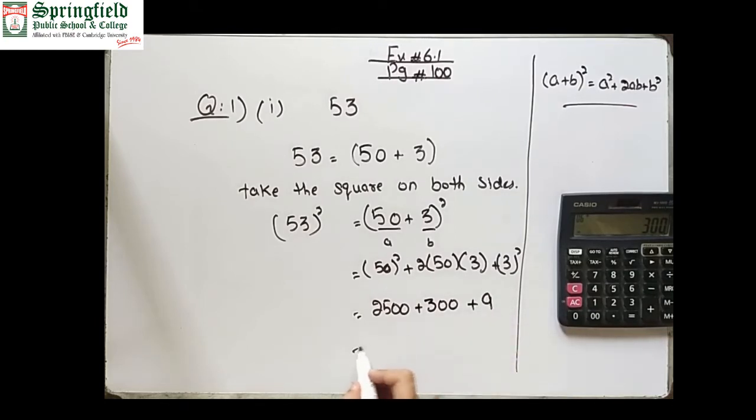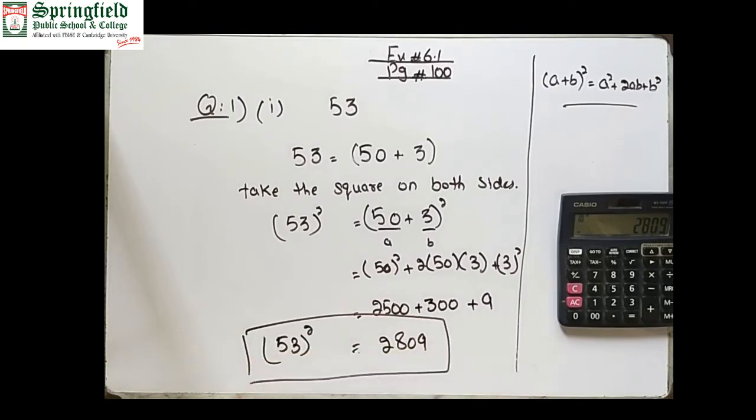Now add all these numbers: 300 plus 2500 plus 9. So 53 square is equal to 2809. You can check: 53 square means 53 multiplied 2 times. So this is the answer, 2809.